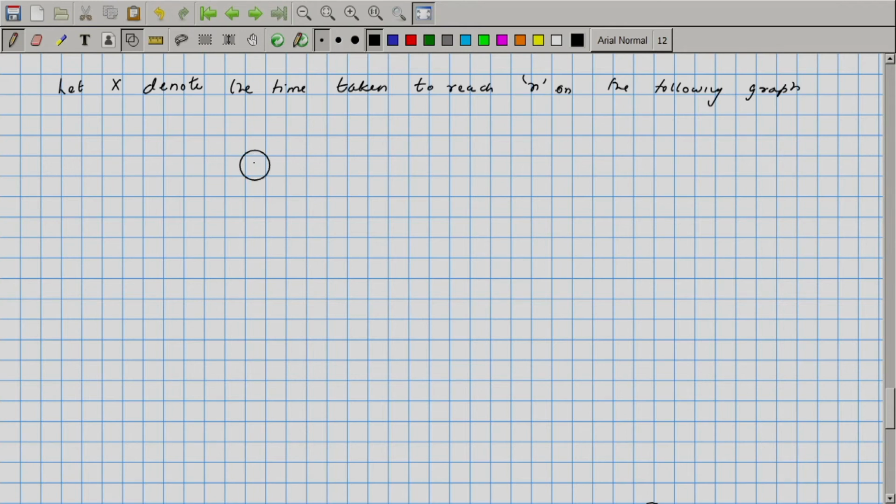If you are at 0, you go to 1 with probability 1, and at n you stay there with probability 1, and at any other node, let us say j, you go forward with probability greater than or equal to 1/3, and you come back with probability less than or equal to 2/3.